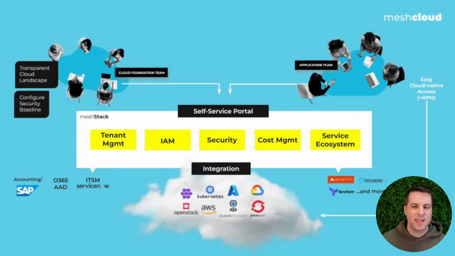They access it natively, so they can use all the services that are provided by the different providers like AWS or Azure or GCP. So the Cloud Foundation team offers the cloud securely pre-configured over meshStack, and the application teams consume the cloud and are free to use it within the guardrails set in place by the Cloud Foundation team.